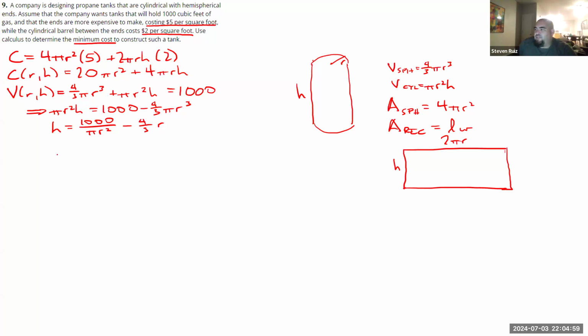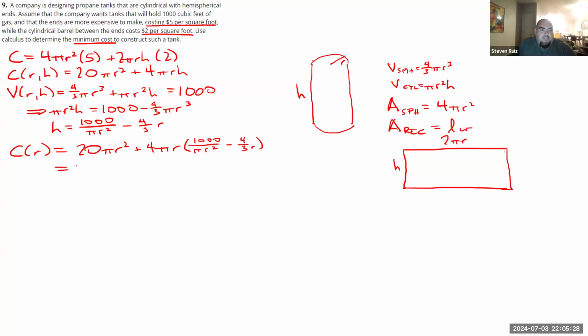Having this constraint equation now enables me to write my cost equation in terms of radius only. So the cost is 20 pi r squared plus 4 pi r times 1,000 over pi r squared, not plus, minus 4/3 r.